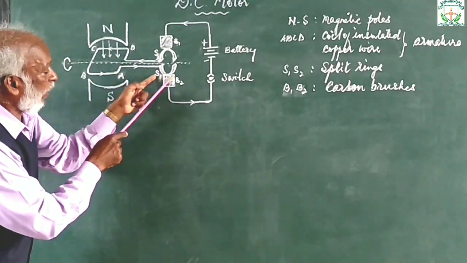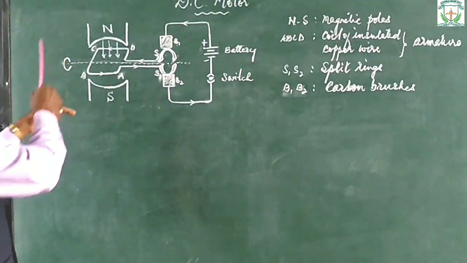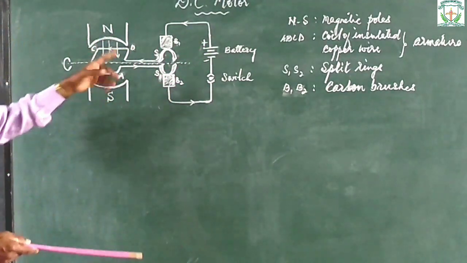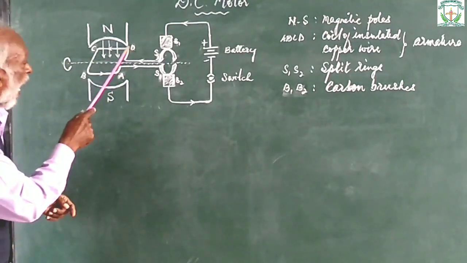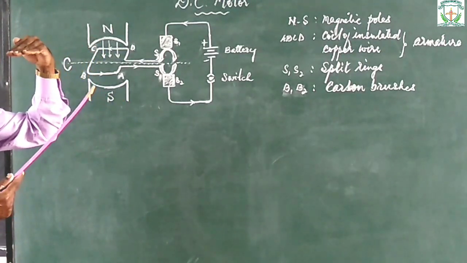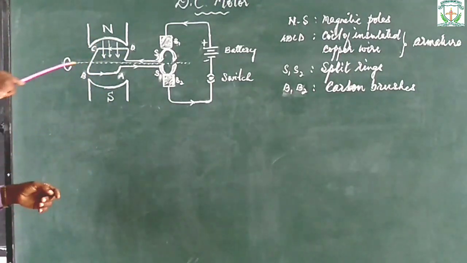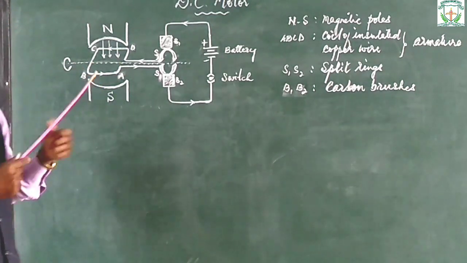Through S1 and B2, the current flows back to the battery and the cycle is completed. Again applying Fleming's left hand rule, the arm CD gets pushed outward and arm AB is pushed inward.